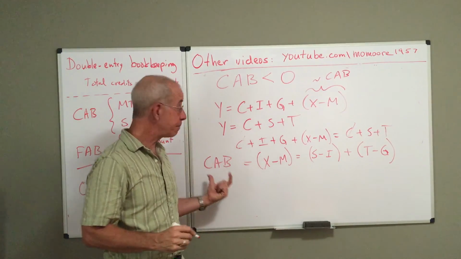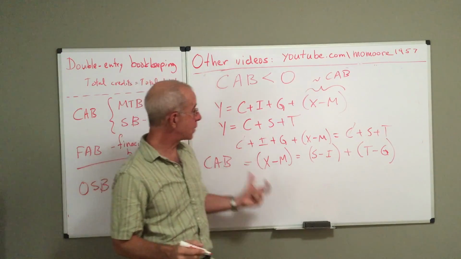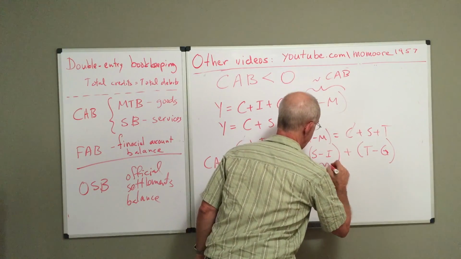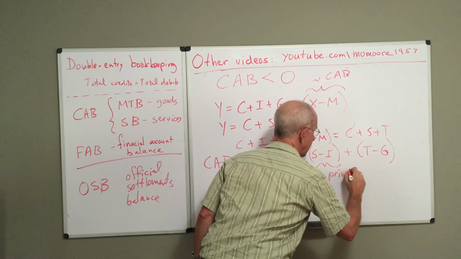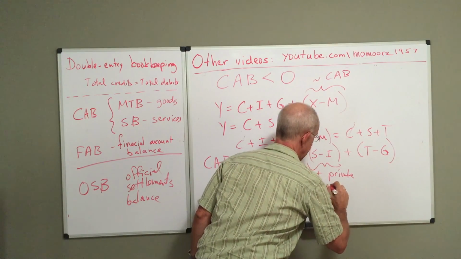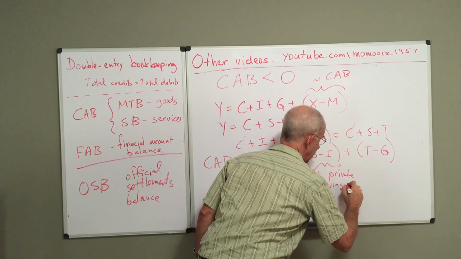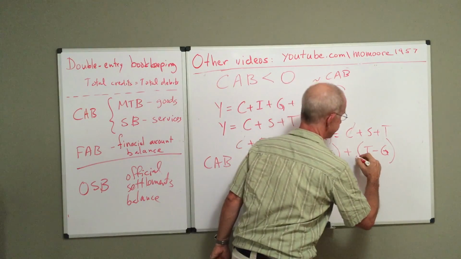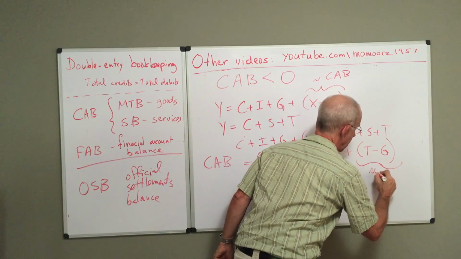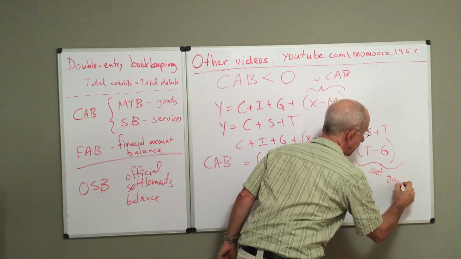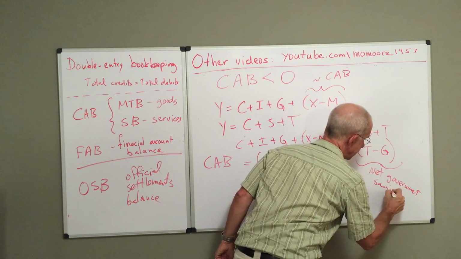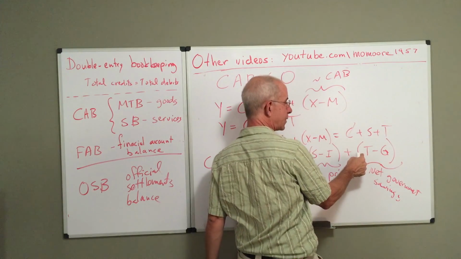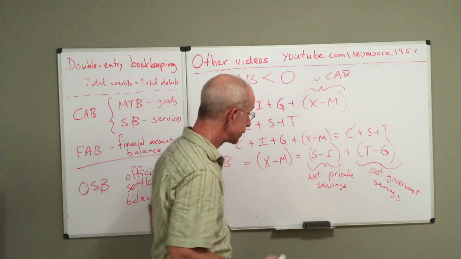That the current account balance is equal to net private savings plus net government savings, tax receipts minus the purchase of goods and services.